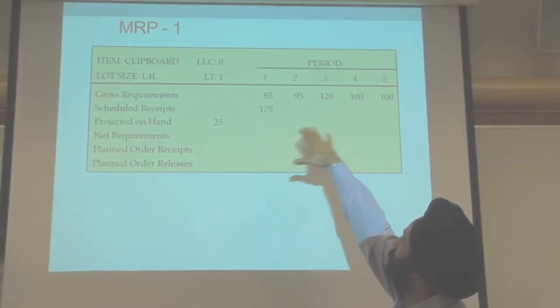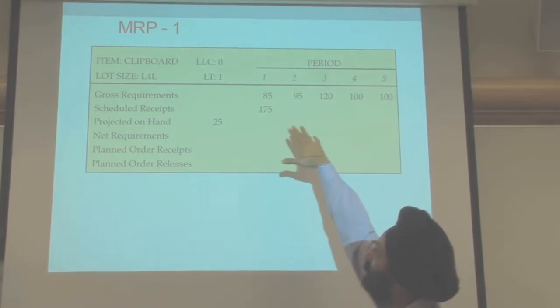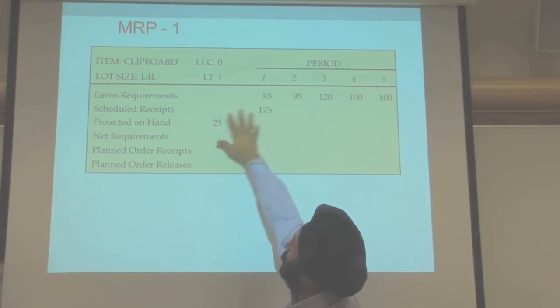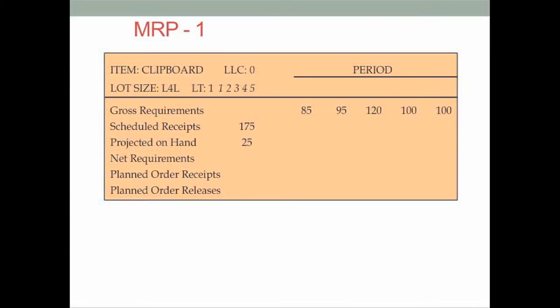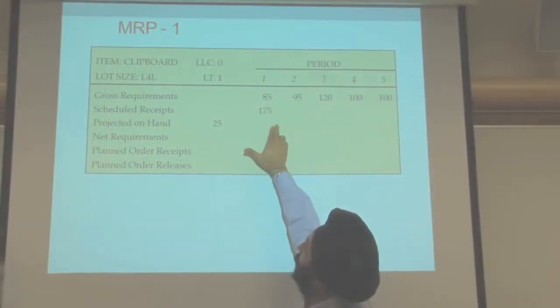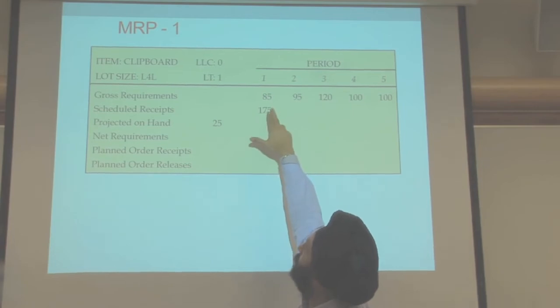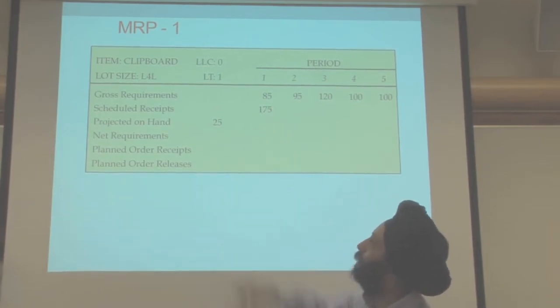And the gross requirements are given to you. So in this case, you can see the 85 units that are demanded, you already have 25 in the bank or in the warehouse, plus the 175, minus the 85. So you still will have some projected inventory, which is, in this case, 200 minus 85, that's 115, will go here.